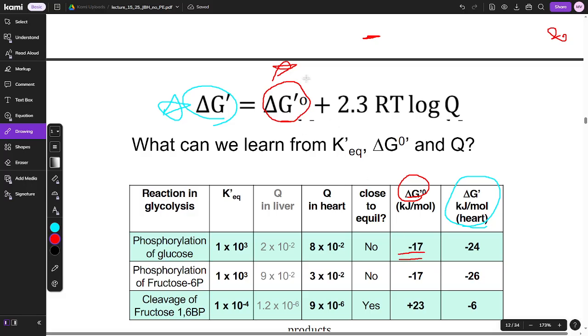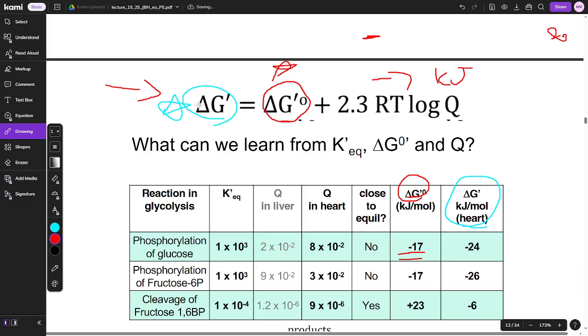So this value here is negative 17 kilojoules per mole, but the delta G prime in the heart is negative 24. So we're -7 kilojoules off here, which means that we are not close to equilibrium. So there's a lot to be done. We still have to go towards equilibrium, because we want this value here to be close to 0.